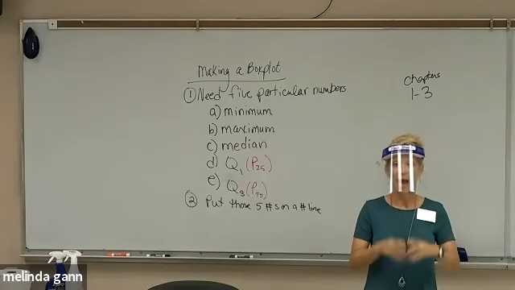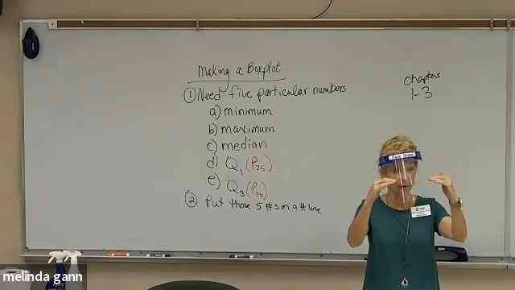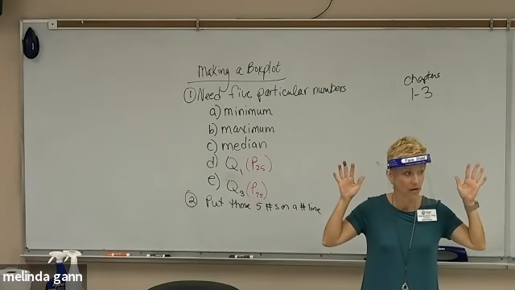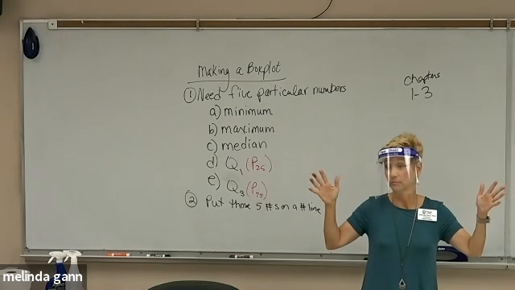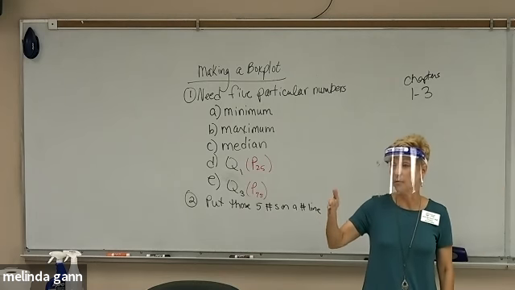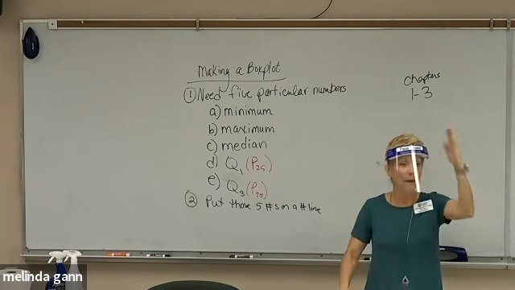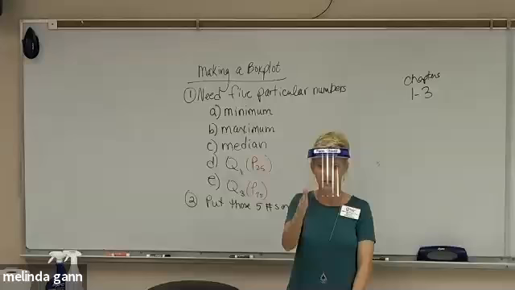Interval. Now, how do I decide between interval and ratio? What's the deciding factor there? Absolute zero. Now, what does an absolute zero mean? It means that you can't go past it, right? So with bank balances, somebody could have a zero bank balance.